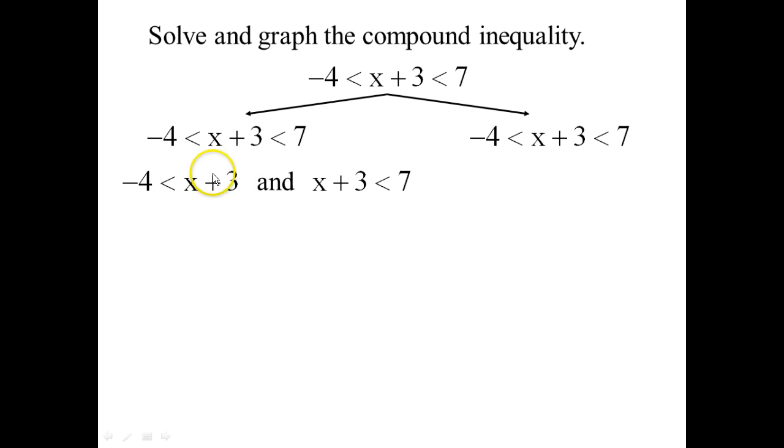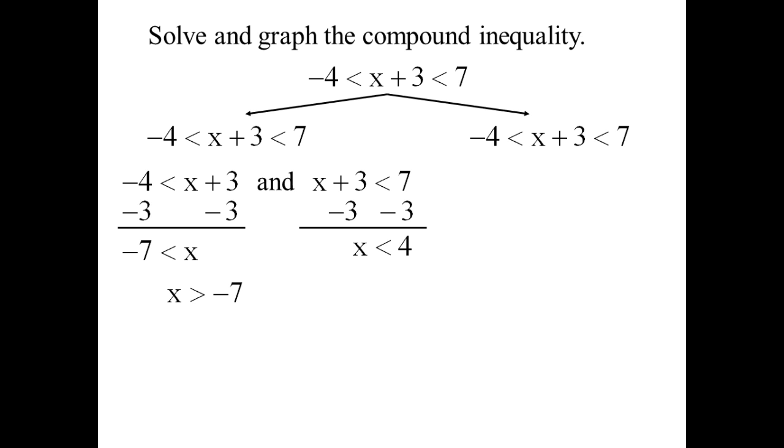That's this one. You just drop the less than 7. And then this one over here, you drop the negative 4 less than, and you just have the second part. And you solve each one separately. Subtract 3 on both sides. Okay? That's one way of doing it.